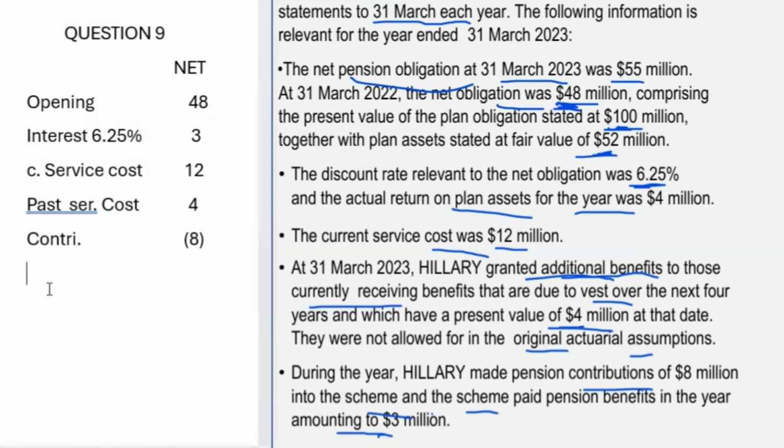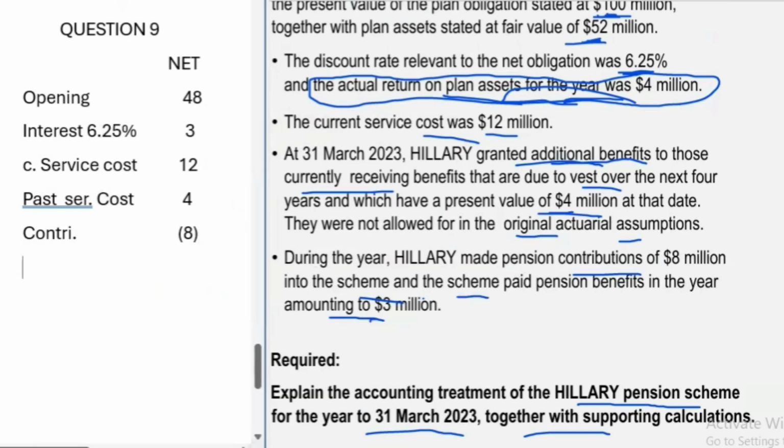So we have the opening 48, 3, 12, 4, and minus 8. Now let's check something here. 48 plus 3 plus 12 plus 4 minus 8 should give you an expected value of 59.